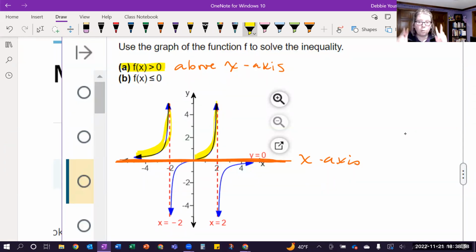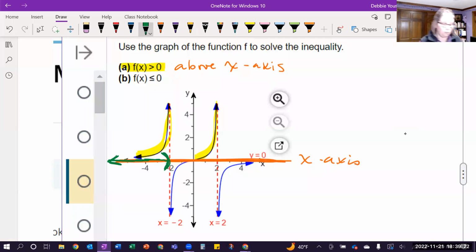Now what I need is the where part. Where does that happen? So from left to right, I want to look along the x-axis and say, where does that happen? Well, if I start at the far left of my graph and I keep going, I get stopped by that asymptote that's at x equals -2. So I can only go up to that, but not include it.